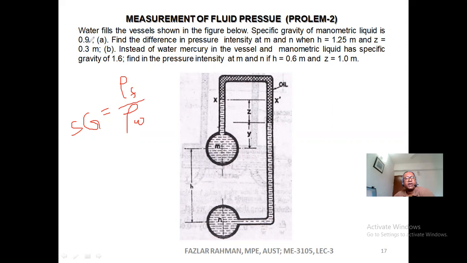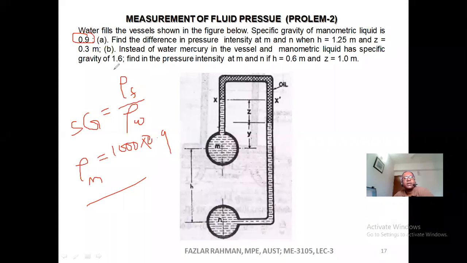So this value is 0.9. So easily you can get rho m equal to density of water 1000 into 0.9, that means 900 kg per meter cube. So instead of density, they give specific gravity.